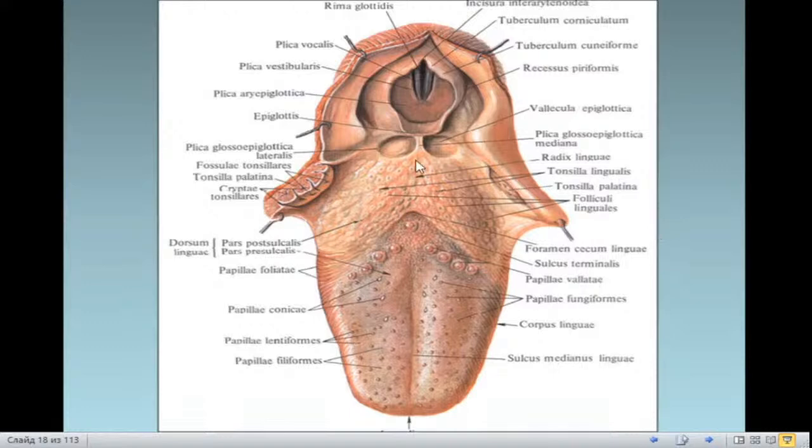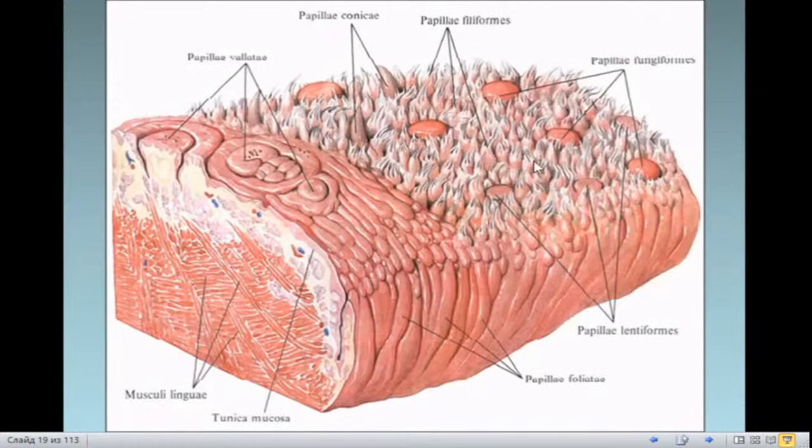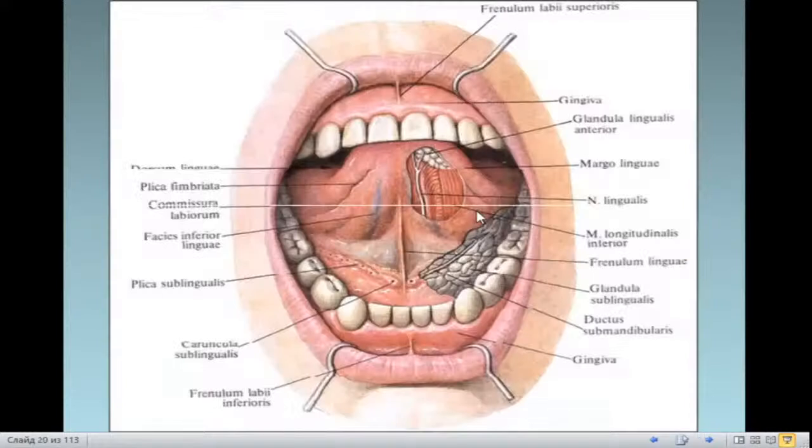This was the anterior surface, or superior surface, of the tongue. And this is the picture of the enlarged taste buds that I was talking about. On the inferior surface of the tongue, you can see the median fold, this one, which is called the frenulum linguae.